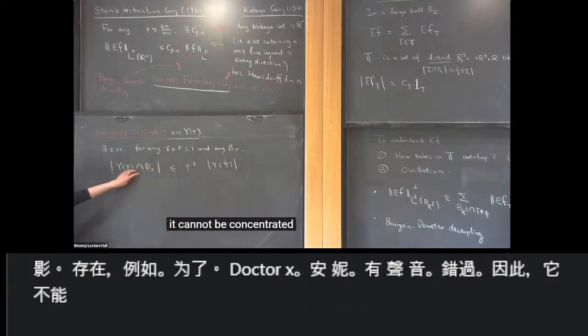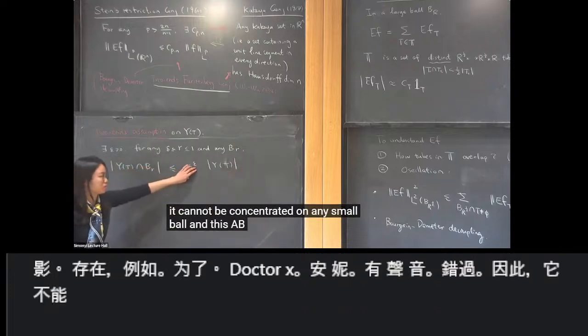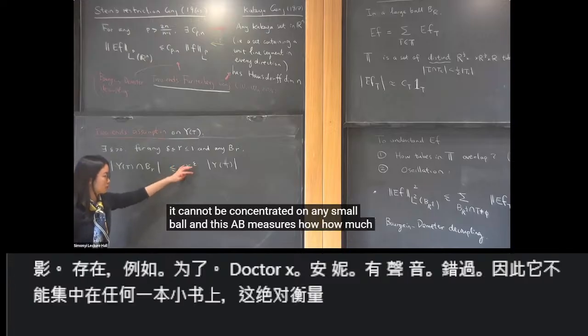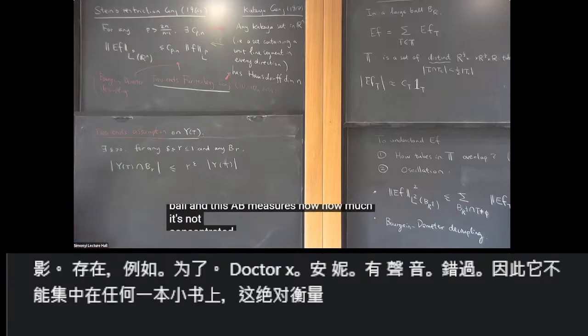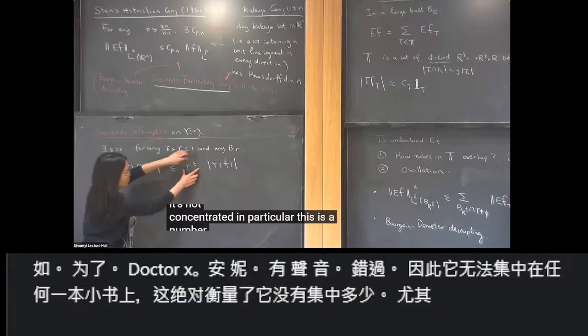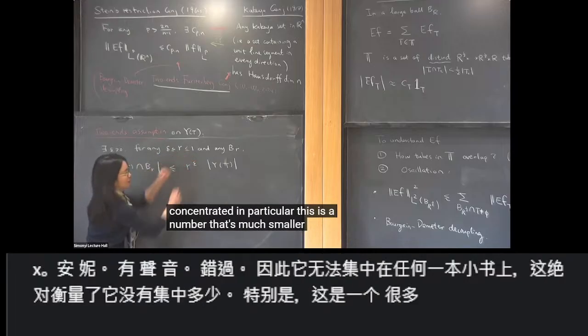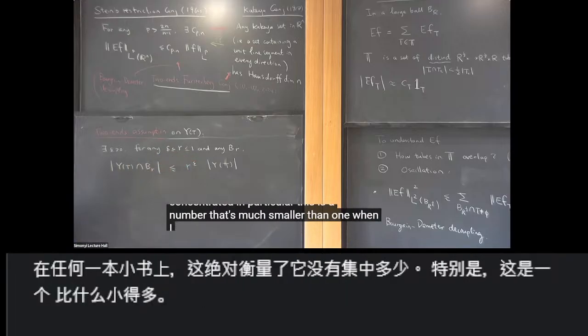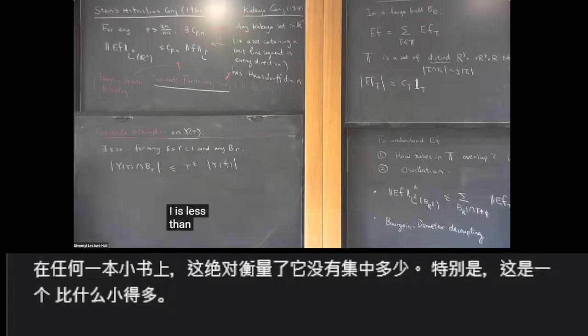It cannot be concentrated on any small ball, and this epsilon measures how much it's not concentrated. In particular, this is a number that's much smaller than 1 when r is less than 1. So that is the 2 ends assumption.